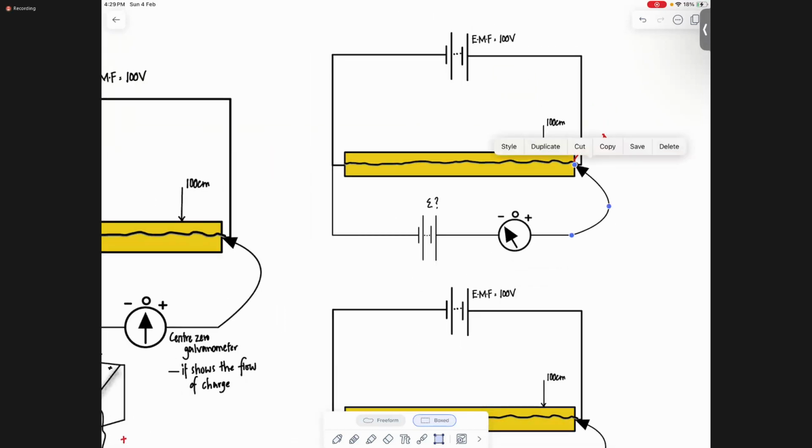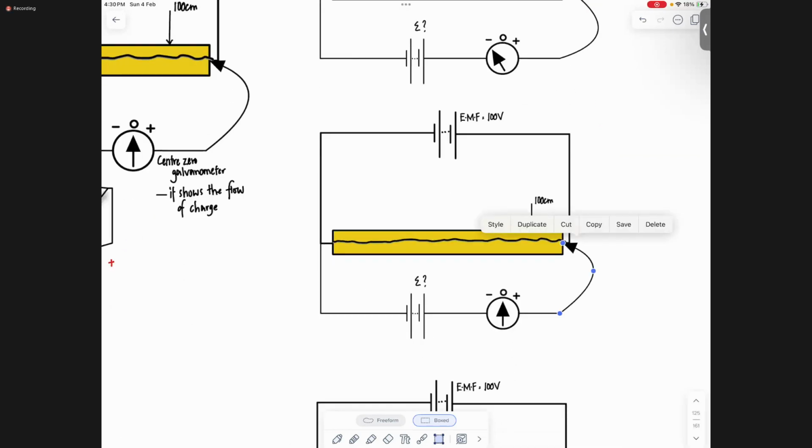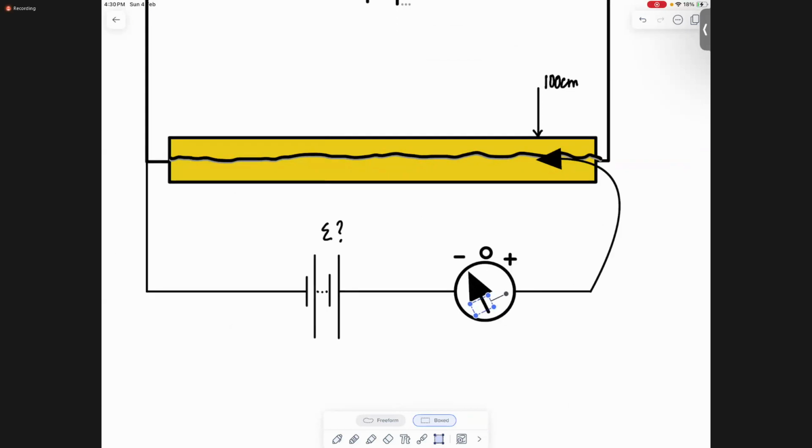As I keep moving this, the deflection is changing, and as it changes, a point comes where it becomes zero. This point, when it becomes zero, is referred to as the null point of your circuit.